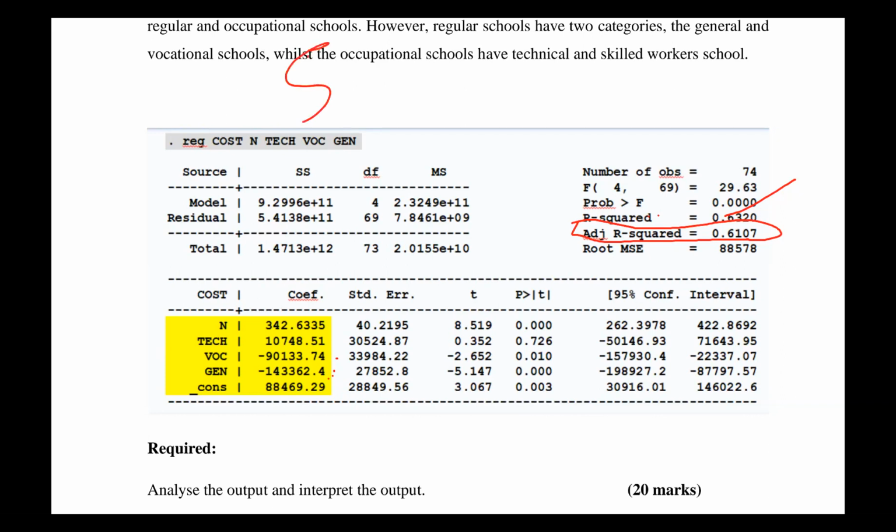It should be over 90% if possible, at least above 85%. That's the level of association between X variables and the Y. But in this case, the R squared is somewhere at 63%. What does that mean? What is 100 minus 63?